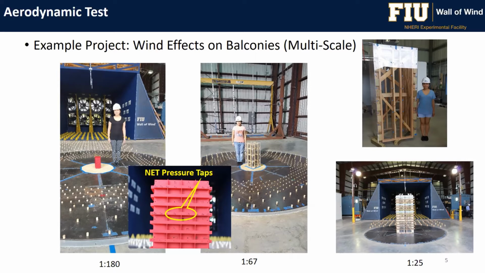On the left, you see the smallest model that we used, 1 to 180 scale, and we started increasing the scale to 1 to 67, 1 to 25, and then we had the largest model, which was 1 to 10. By doing that, not only are we able to better simulate the geometry or consider the geometry of those very small balcony rails on the model, but also see the effect of changing the scale of the model.